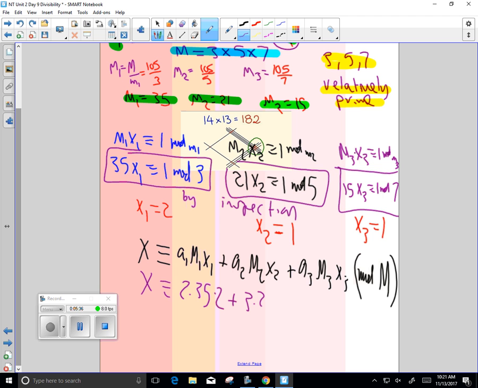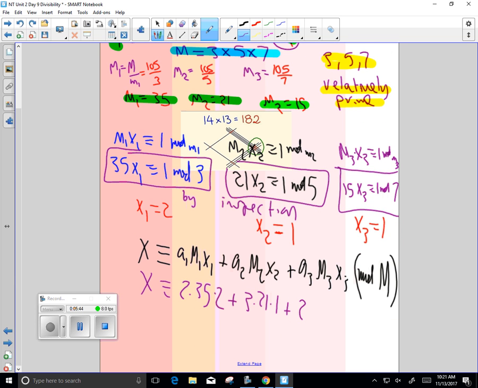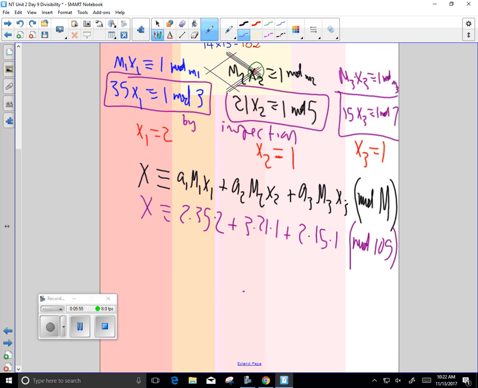Times 21, x2 is 1. a3 is 2 times 15, and x3 is 1, mod 105. No way is this going to work. x is congruent to 70 times 2 is 140, plus 63, plus 30, mod 105.